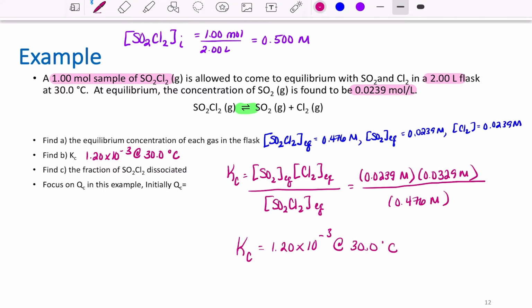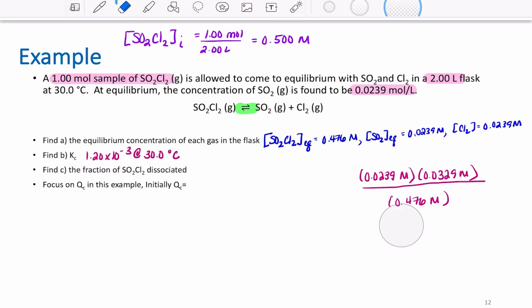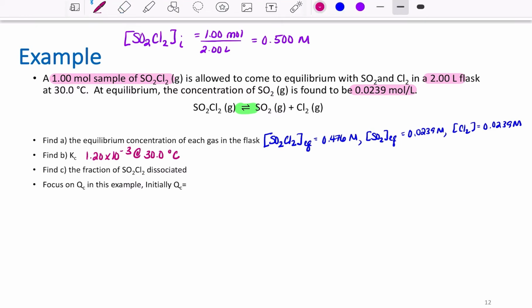Now, what fraction of SO2Cl2 actually dissociated? How do we figure that out? Well, let's see. We know that we started with an SO2Cl2 initial concentration of 0.500 molar.